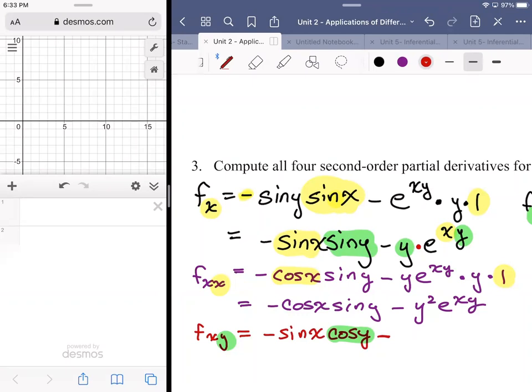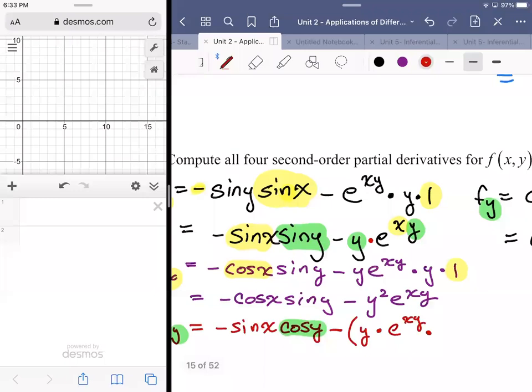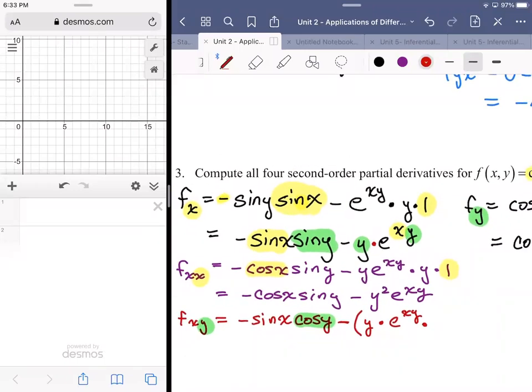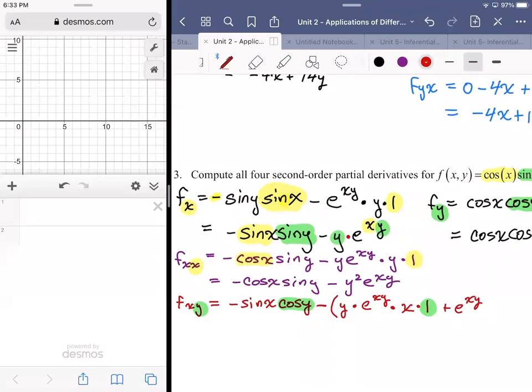So minus the first function, y, times the derivative of the second function, e to the xy, multiplied by the derivative of the exponent, where now the variable is y. So we hang on to the x and take the derivative of the y. Plus the second function, e to the xy, times the derivative of the first function, the derivative of that y, which is just another 1.